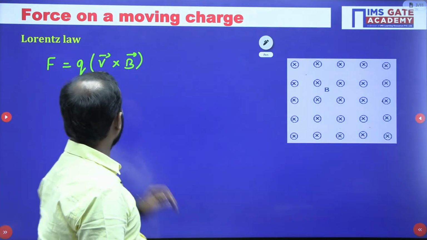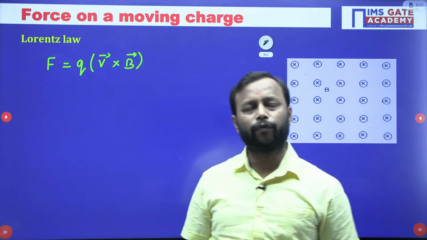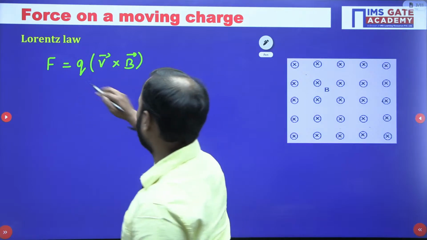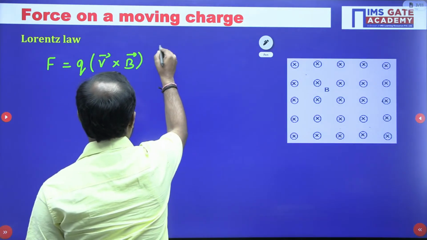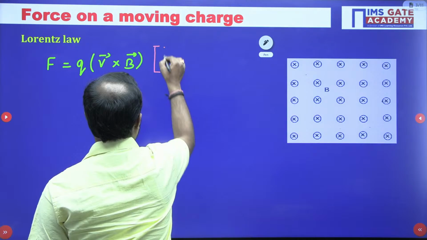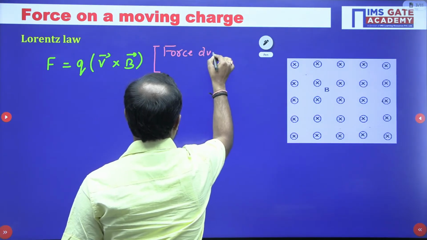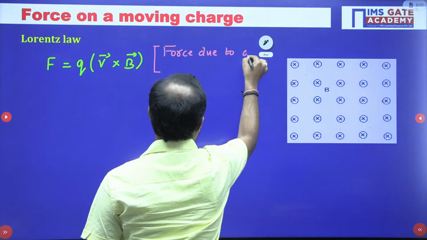So F equal to Q times V cross B. As you see, this is a magnetic field, so this is a force due to a magnetic field.